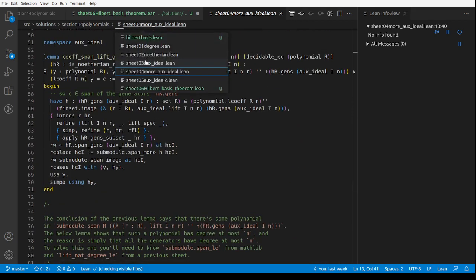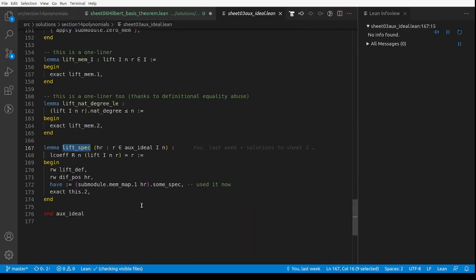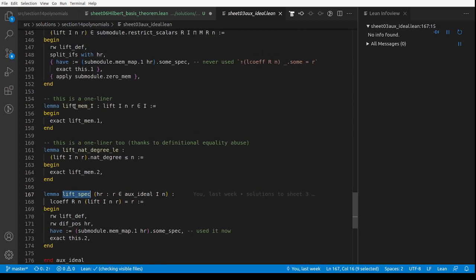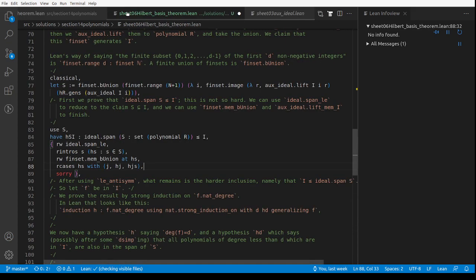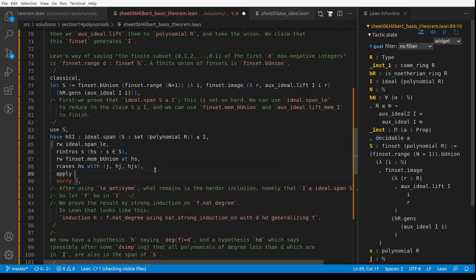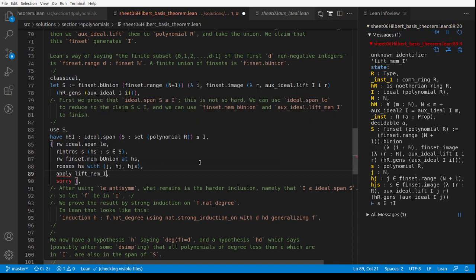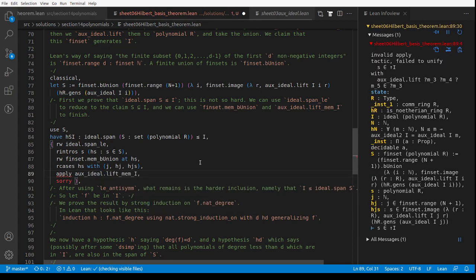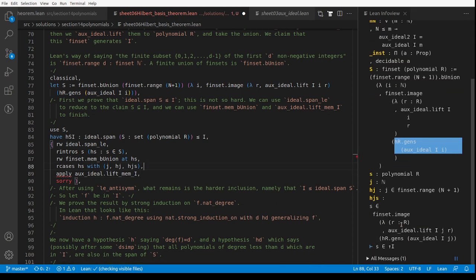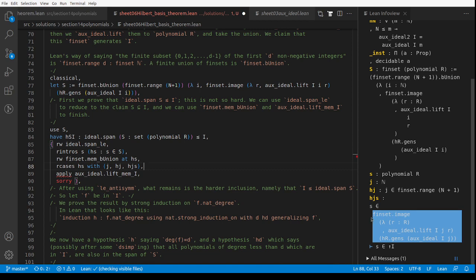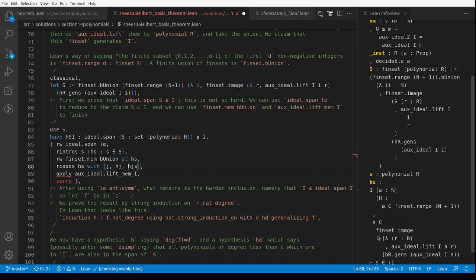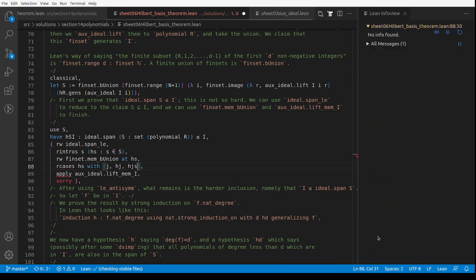That's something technical we'll need later in this proof. Here we are, lift mem I. So that's what we're going to end up using. So this is going to be apply this thing here. And it's never heard of it because it's called orcs ideal lift mem I. And so it's complaining that it doesn't know that s is of the form orcs ideal lift. So what does this hjs say? hjs says I'm in the image of something. I wonder, can I do, does that work? No, it doesn't.